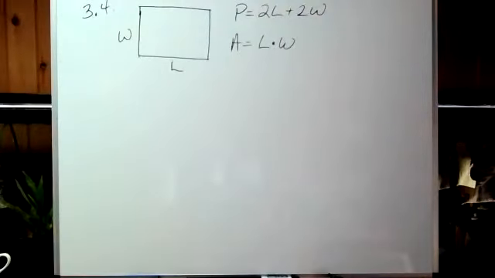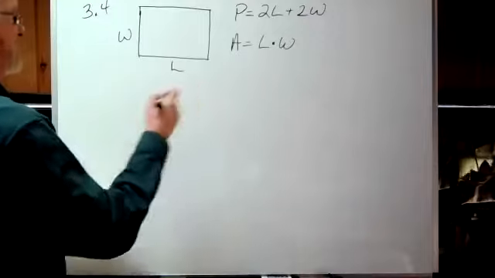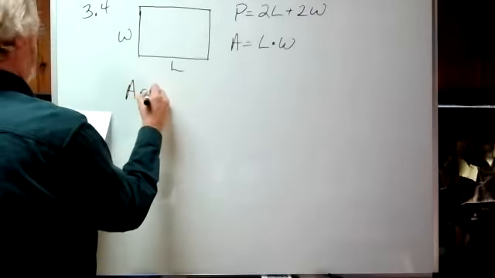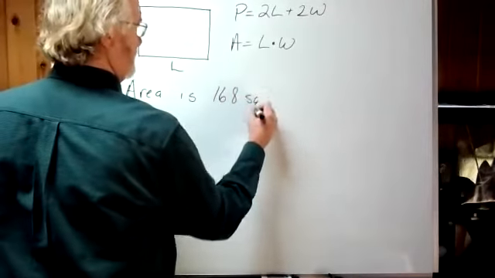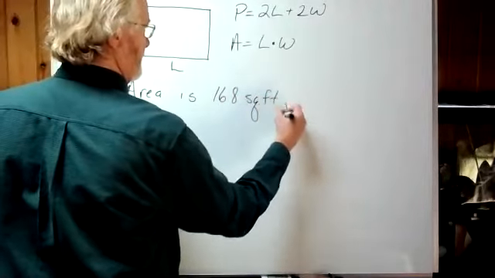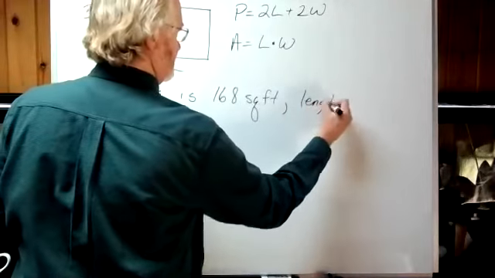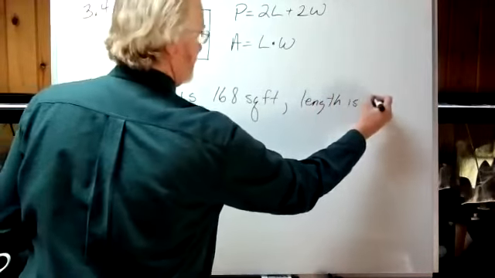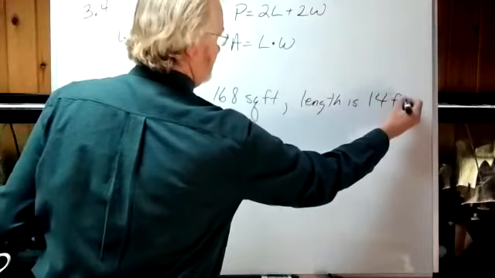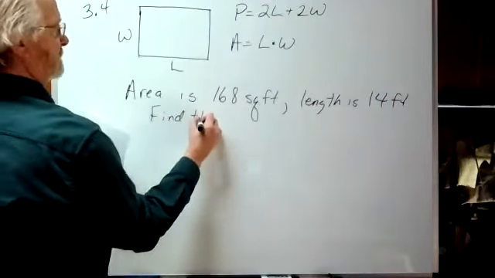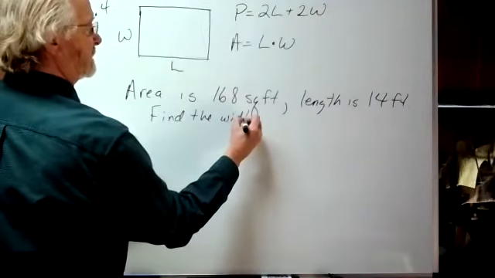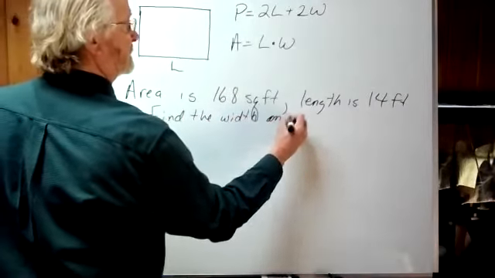All right. So if I tell you the area is 168 square feet and the length is 14 feet, find the width and perimeter.